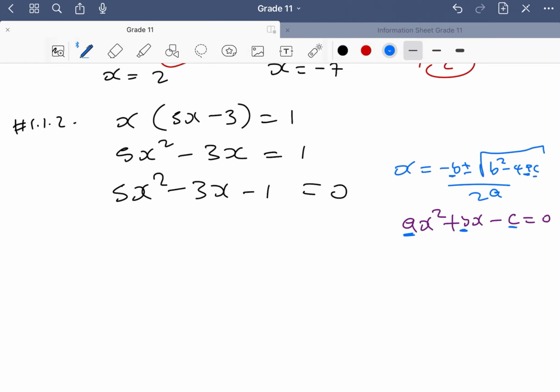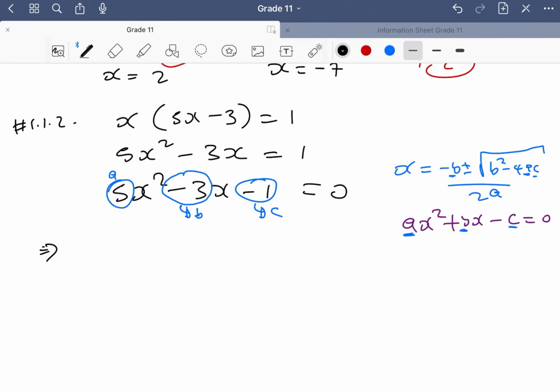In our context, a is 5, and b is not just 3 but this whole thing here, so b is negative 3. c still is negative 1. Okay, so that's how you use the quadratic formula. I'm sure you know it. From here you substitute into the formula, and that's it.